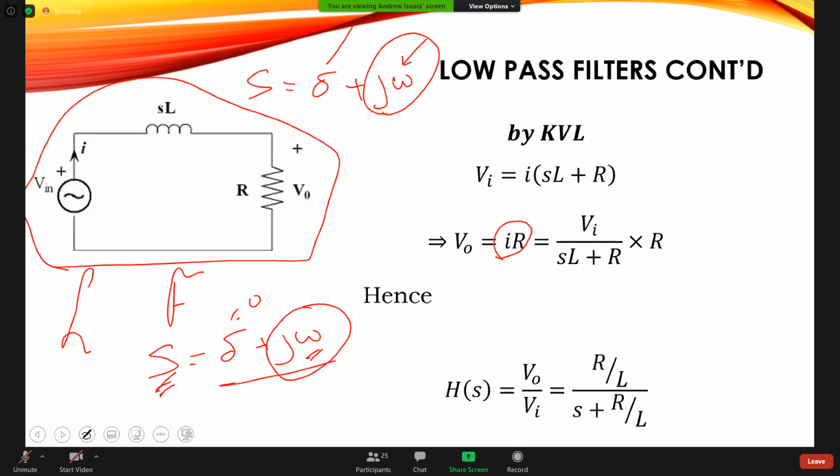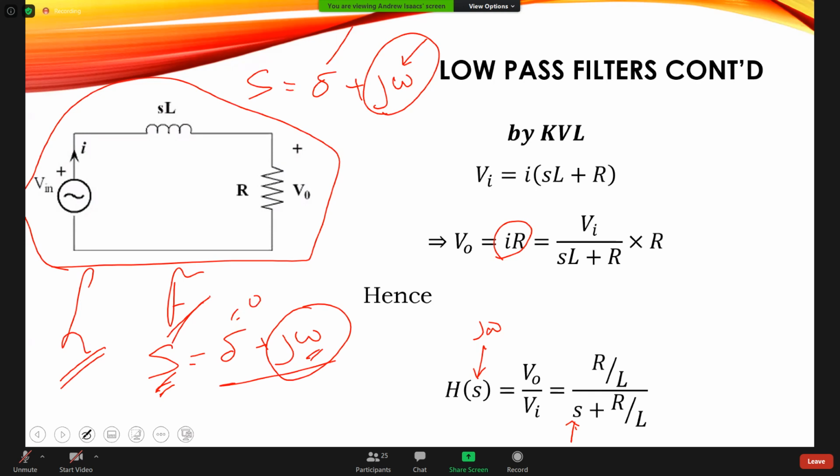So I'm going to replace S here with j omega. As I said, if you have done the math, then it was the Laplace versus the Fourier representation.